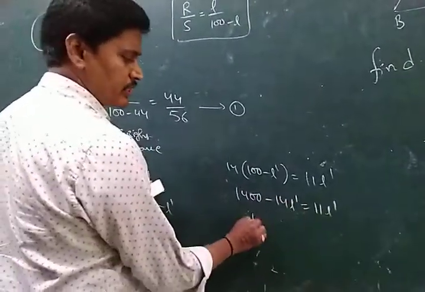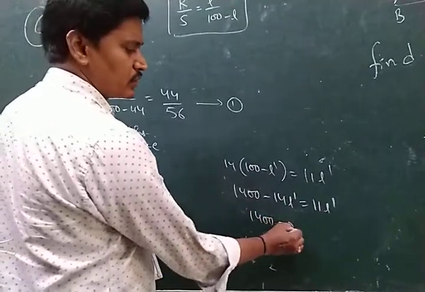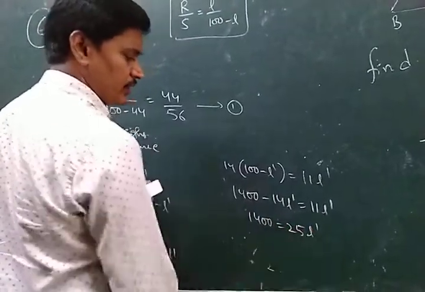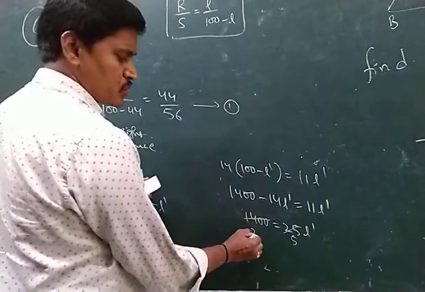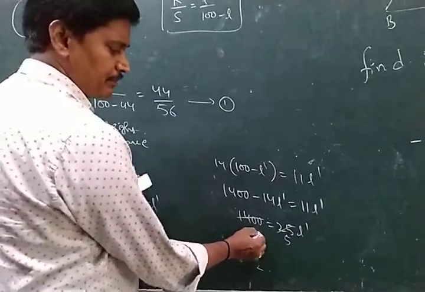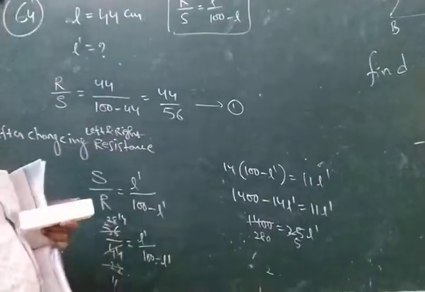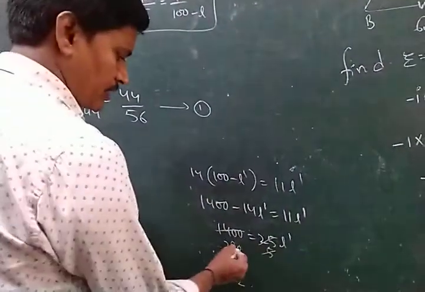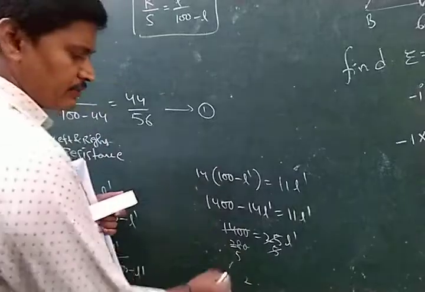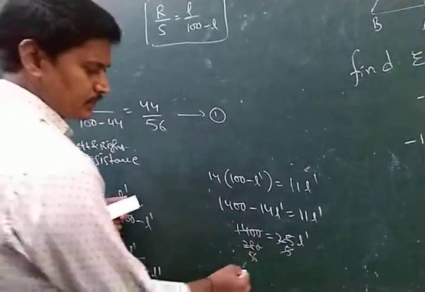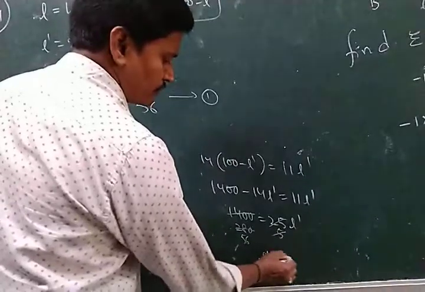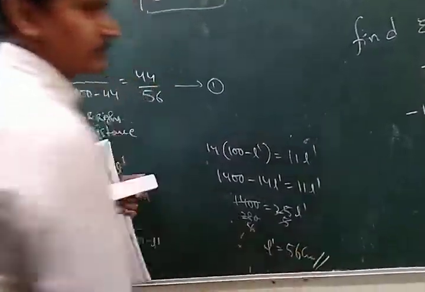Taking it to the left side, 1400 is equal to 25 L dash. Dividing, L dash is equal to 56 centimeters.